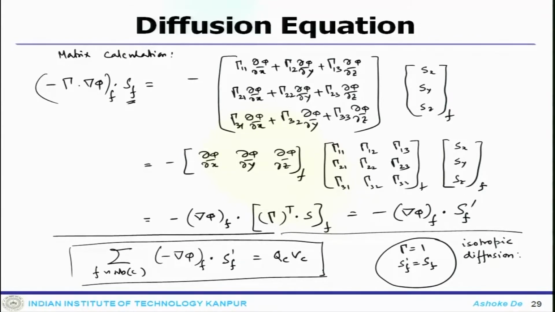Again, reiterating, the beauty of the finite volume method lies here. You see a generic expression for diffusion which contains the anisotropy.